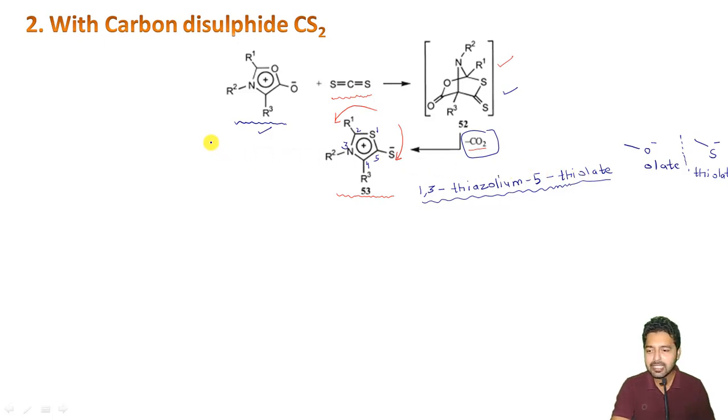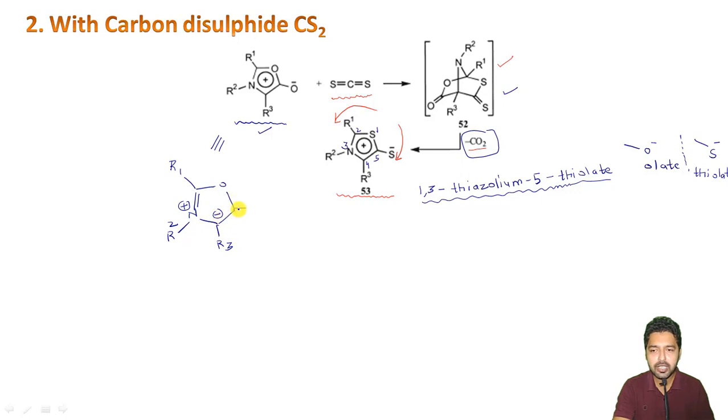What I can do is write down the equivalent structure first of all, and that can be R1 single bond oxygen, nitrogen double bond positive here, having R2, single bond this carbon atom with R3 having a negative sign.